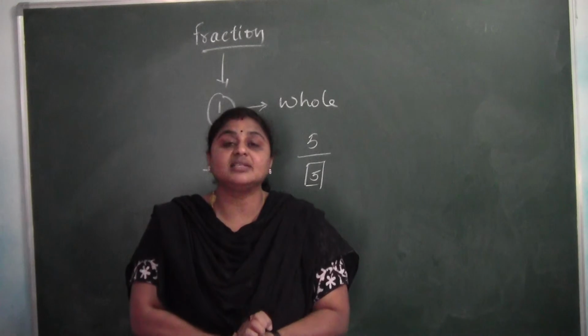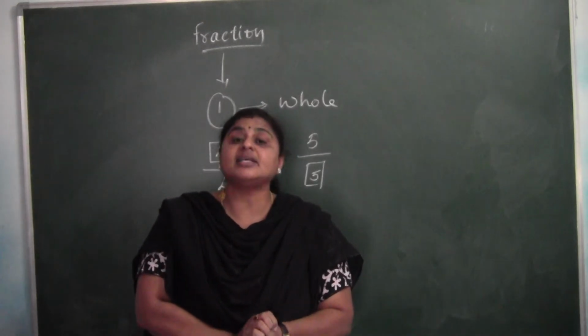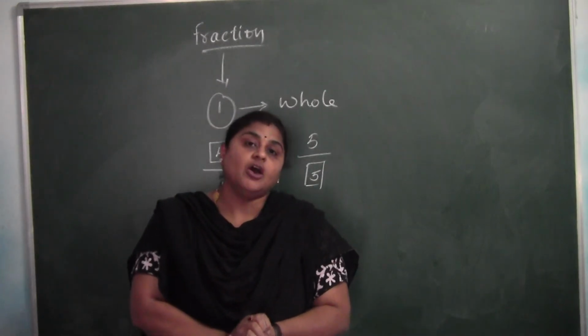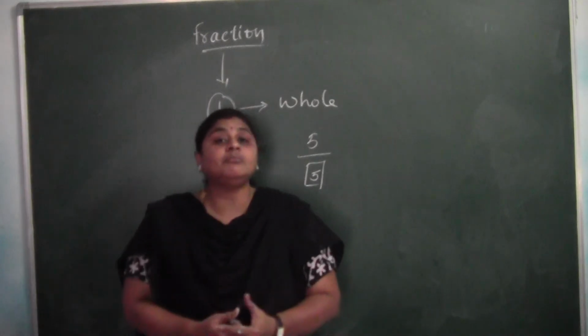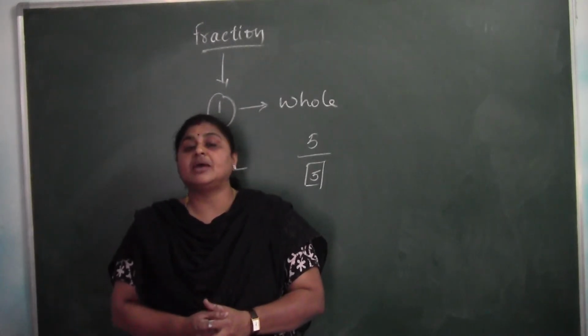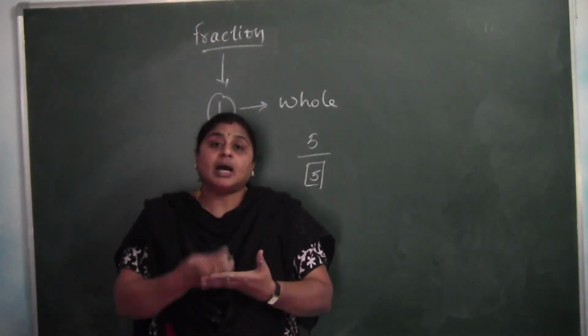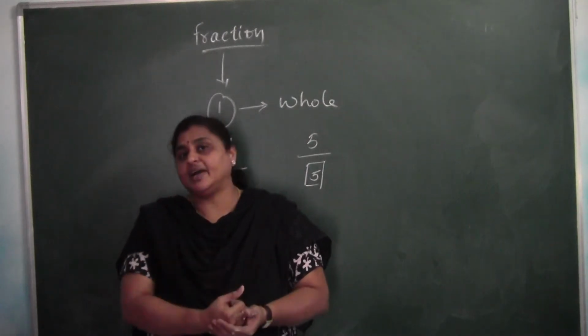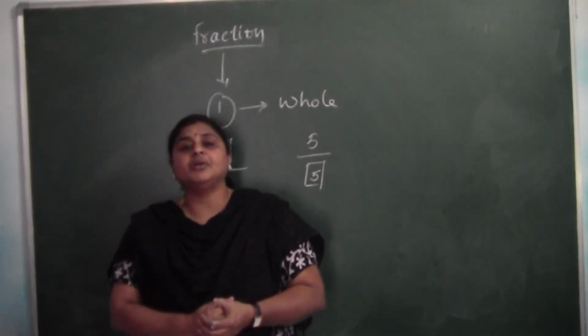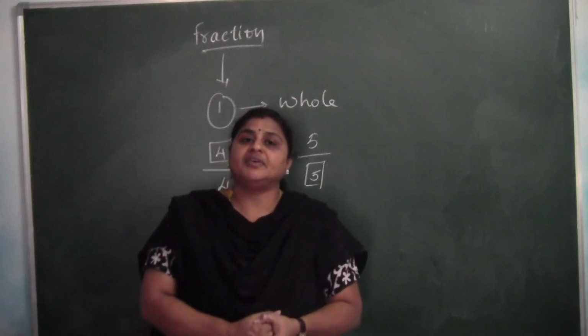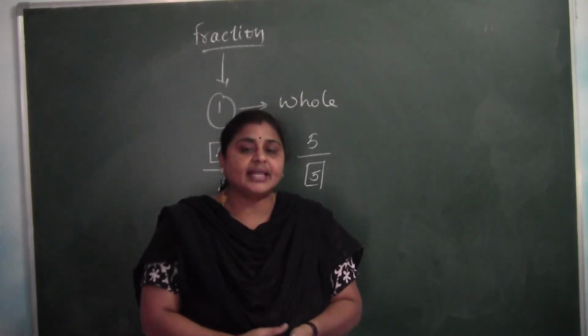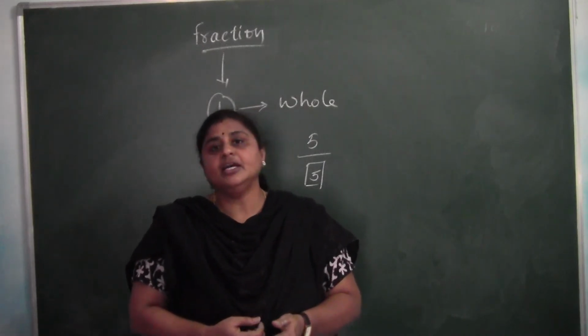Before going to your exercise 1.2, let us see equivalent fractions. Already I have taught you what you mean by equivalent fractions. Am I right? So on multiplying or dividing a numerator and a denominator of a given fraction, the fraction you are getting is called the equivalent fraction.